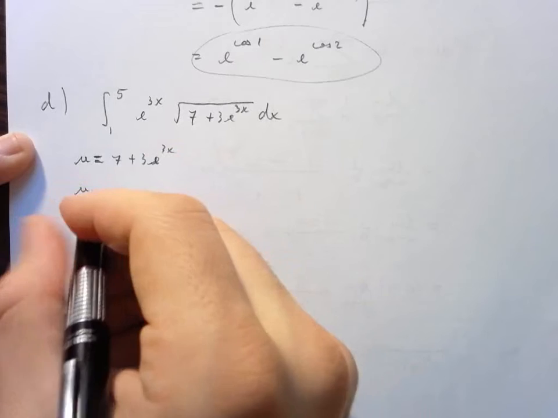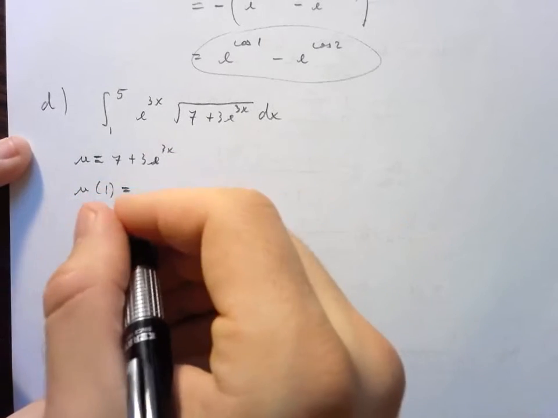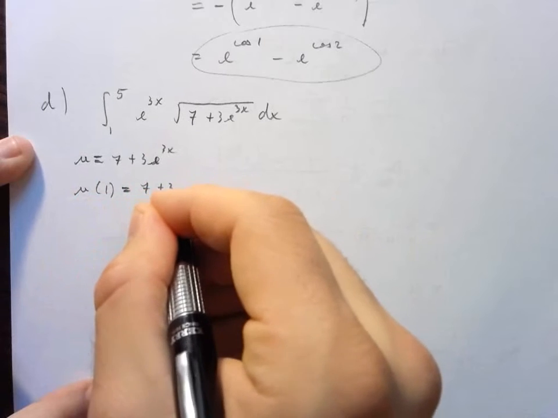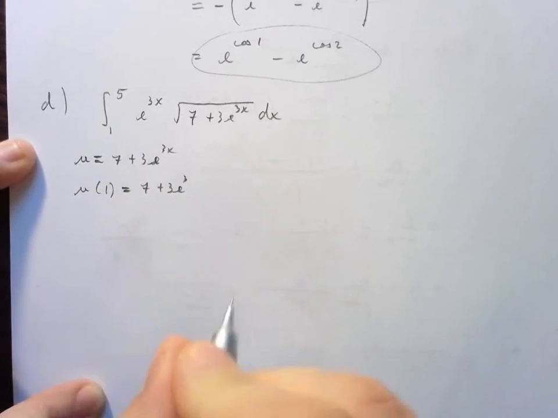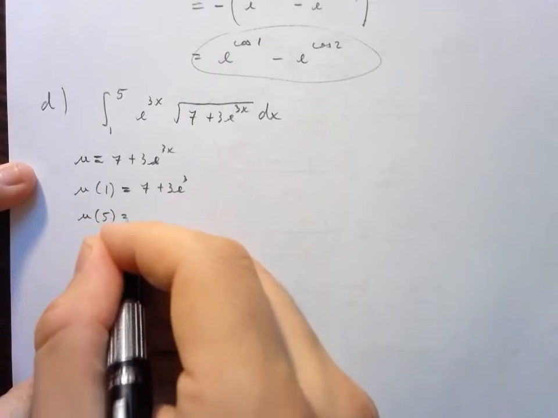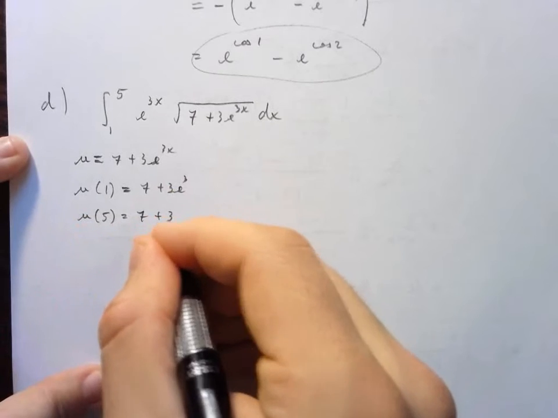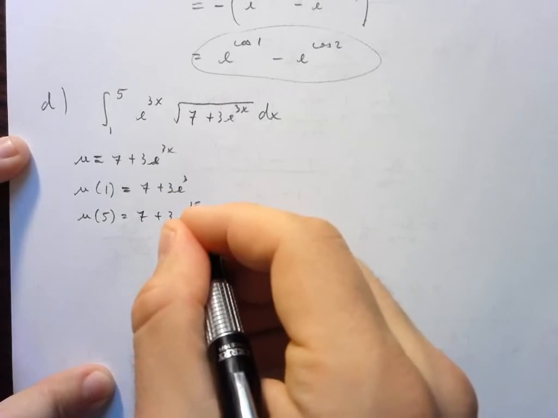I also have to change the bounds. So u of 1, the lower bound, is going to become 7 plus 3e cubed. u of 5 is going to become a new upper bound of 7 plus 3e to the 15.